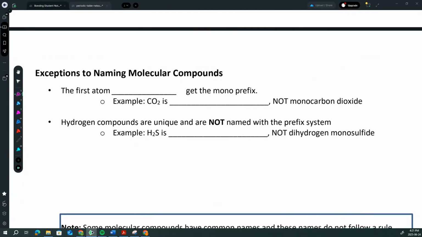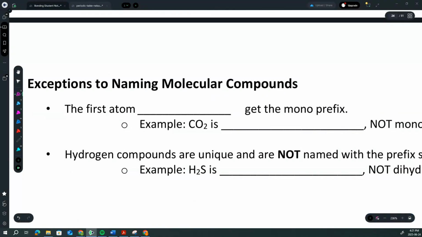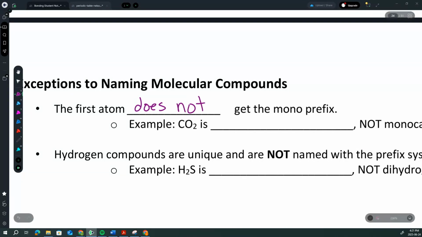All right, and as always in chemistry, there are exceptions. So exceptions to naming molecular compounds. Okay, so the first atom, as we've discussed previously, does not get the mono prefix.